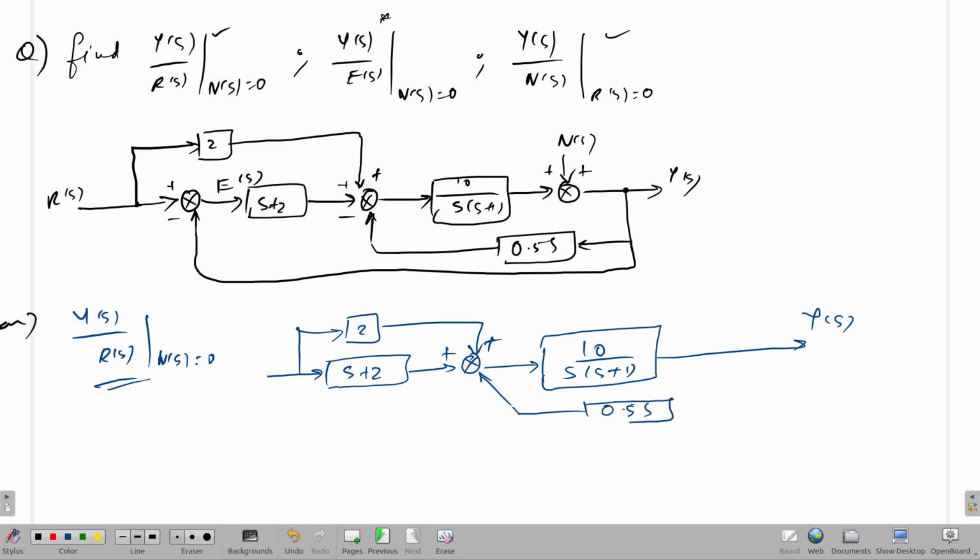So we have a 0.5s here, and we have one more block here, the one that we changed now.